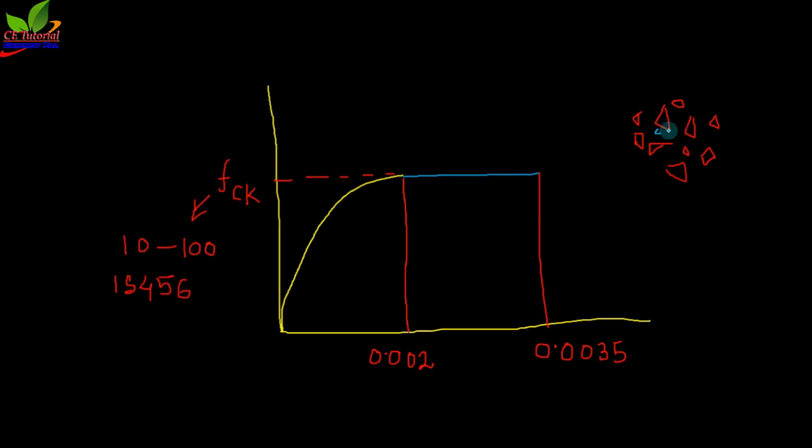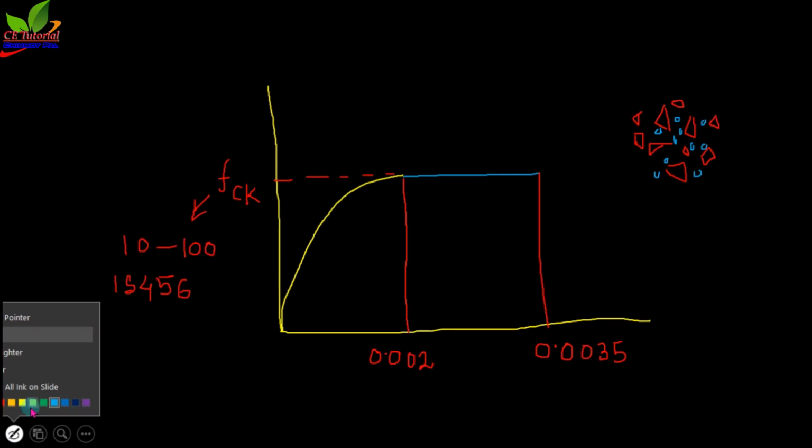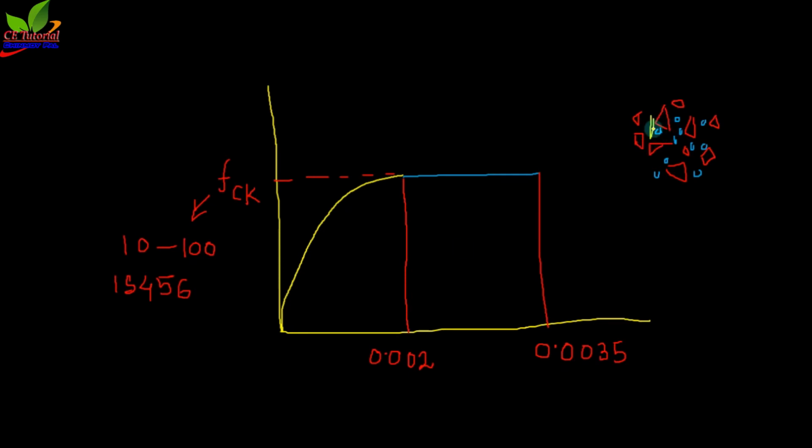There is some sand also, and another important part is cement paste. Now the specific gravity of sand is not equal to the specific gravity of cement, and obviously it will not be equal to the specific gravity of aggregate. The specific gravities of all those materials are different.